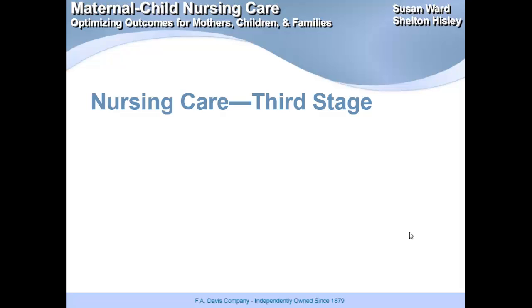If it's been 30 minutes or longer and you can't get that placenta out, the placenta is considered to be retained. Sometimes Pitocin can be administered to try to help deliver that placenta because these stimulate uterine contractions.